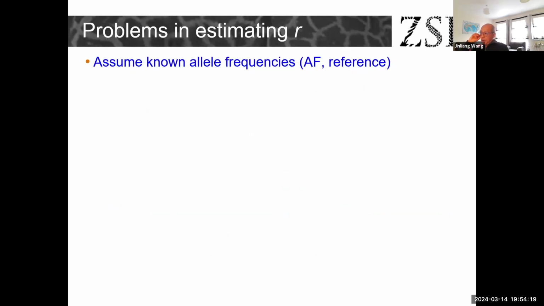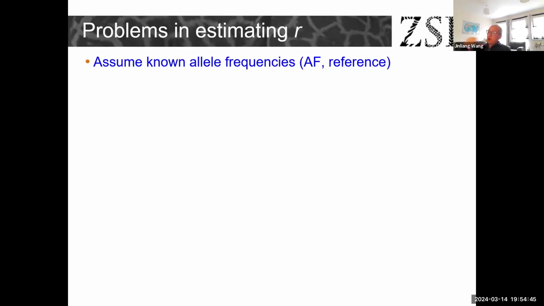So here I will discuss with you some problems we have in estimating relatedness. Although the principle is simple, in reality, there are quite a few practical problems. The most important problem is in allele frequencies.